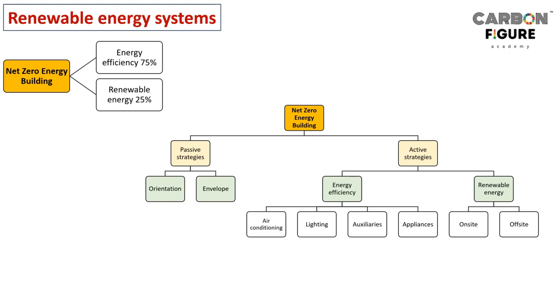When I talk about passive and active, many of you would automatically focus on the active scenarios, like renewable energy, but many of us might not be interested in passive strategies. But passive strategies have the major impact, that we normally don't mind about, but that is very, very important.